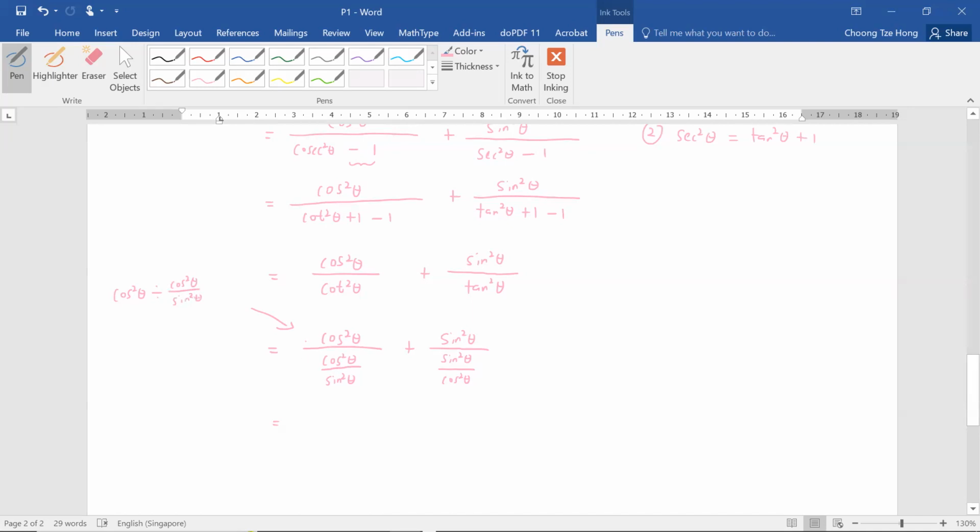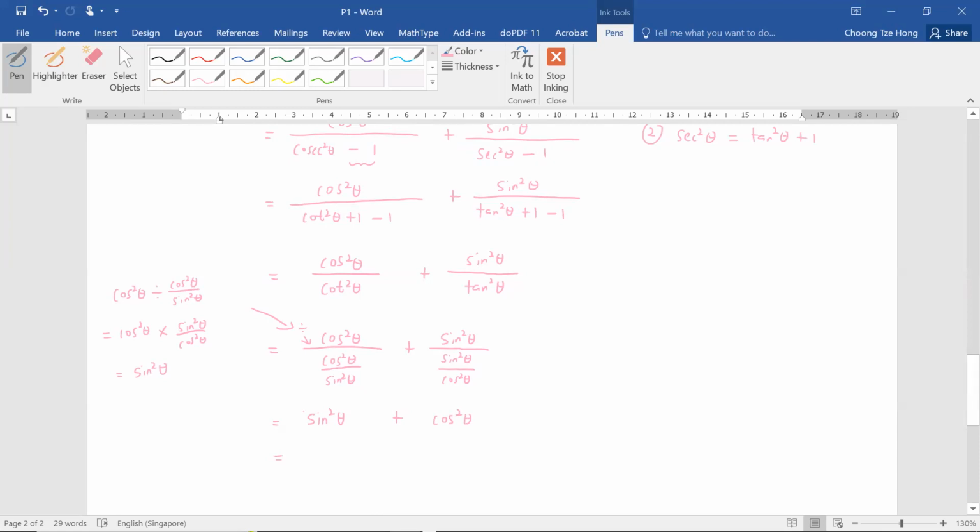So this is a division. Remember, if you want to simplify this, we have to change it to times, so it becomes this over this. Then the cosine will cancel off and you will be left with just sine square theta. So over here will just become sine square theta. If you do likewise for this side, it will just become cosine square theta.